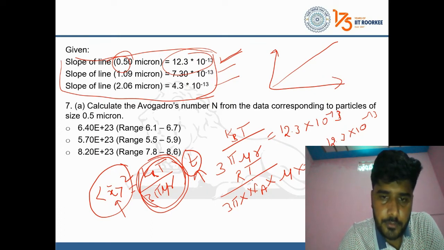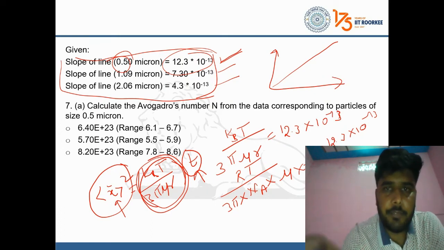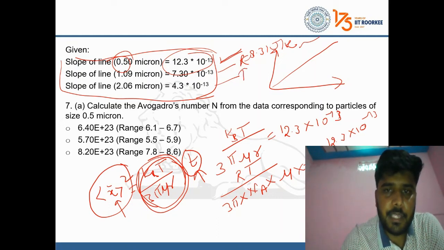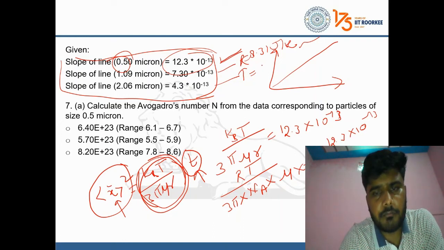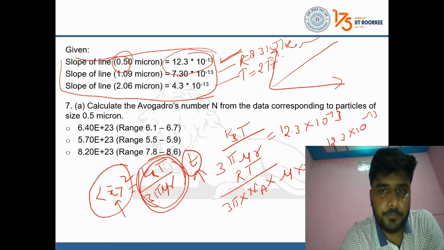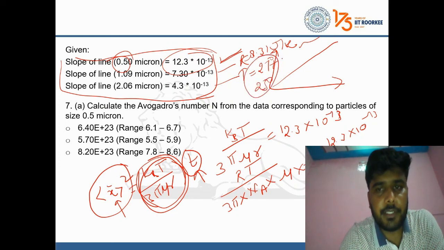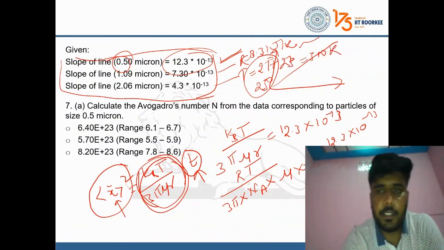The value of R is 8.3 joule per kelvin per mole. For the temperature in this particular question, you take the ambient temperature, that is 27 degree, or you can say 25 degree, or you convert it into kelvin and you will get this value.